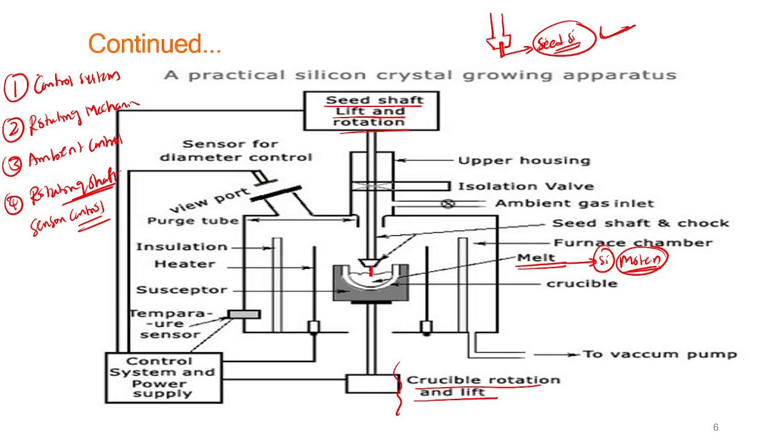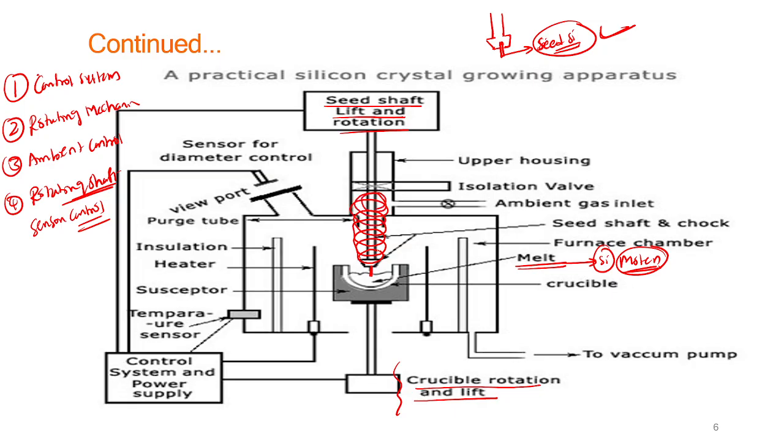The seed shaft is rotating in the clockwise direction, and the crucible is rotating in the anti-clockwise direction. Slowly you are dipping the seed crystal along with the shaft into the molten silicon, and you keep rotating in opposite directions, clockwise and anti-clockwise. So what happens? The molten silicon will stick to the shaft.